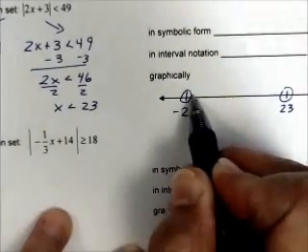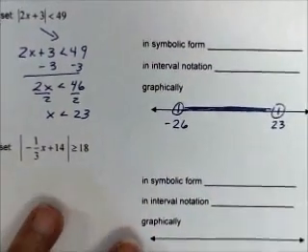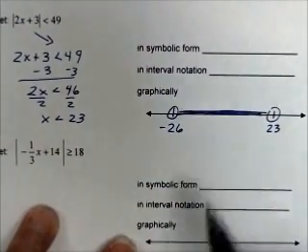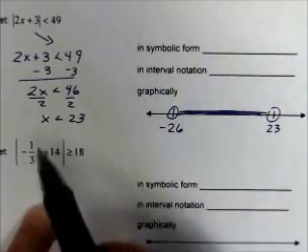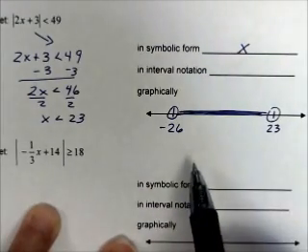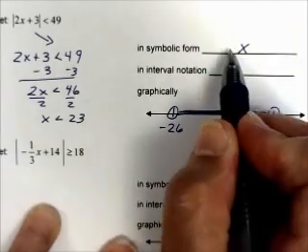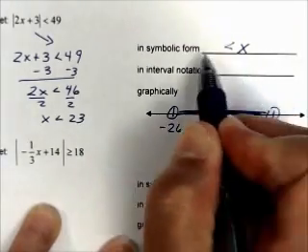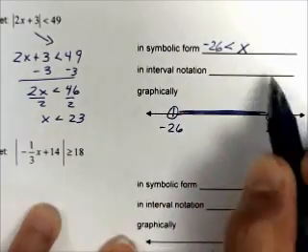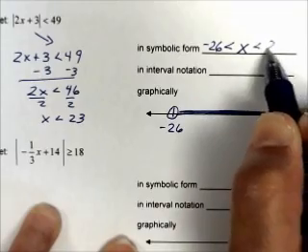So we need to shade between these two. Now to write this in symbolic form, we put the variable x in the middle. And reading this from right to left, this would be x is greater than negative 26, and now from left to right, and less than 23.